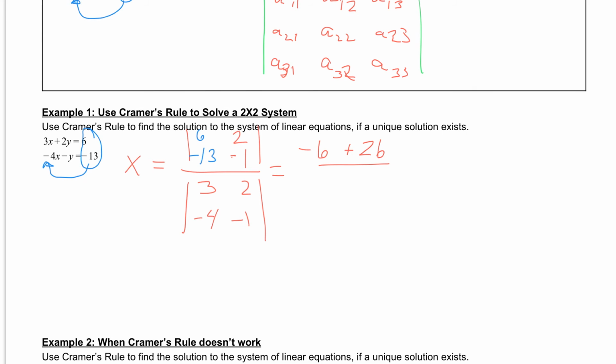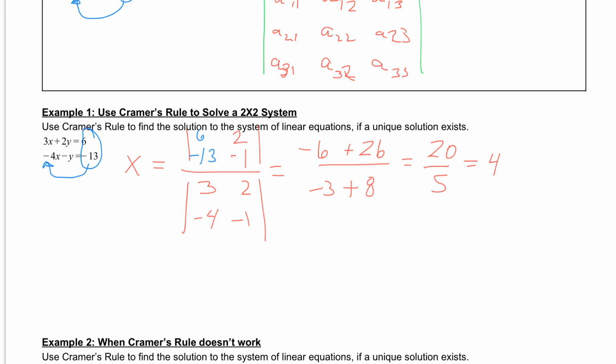And then on the denominator, I'm going to take 3 times -1, which is -3, minus -4 times 2, which is -8. And if I subtract a negative, that's going to become a positive 8. So I get -6 plus 26, which is 20, divided by 5, which is 4. So I know that x is equal to 4 in this system.